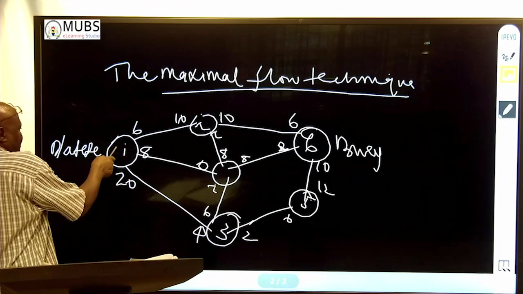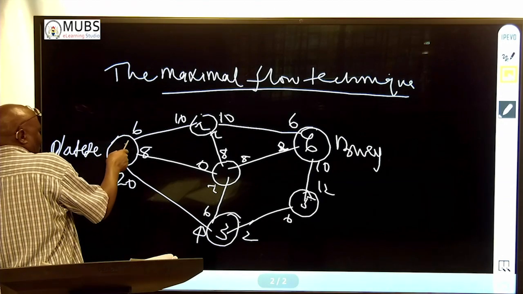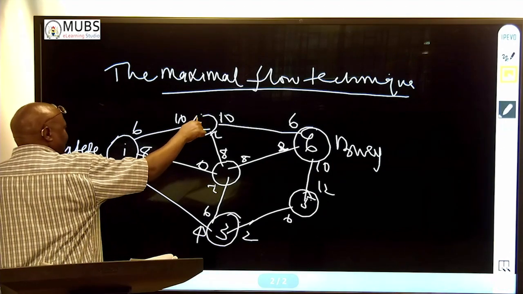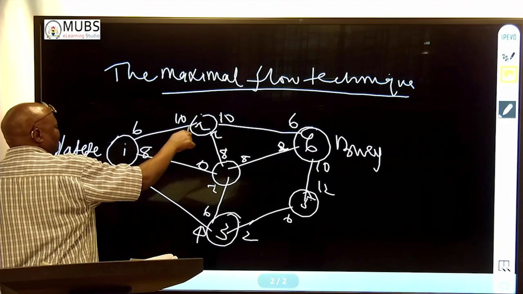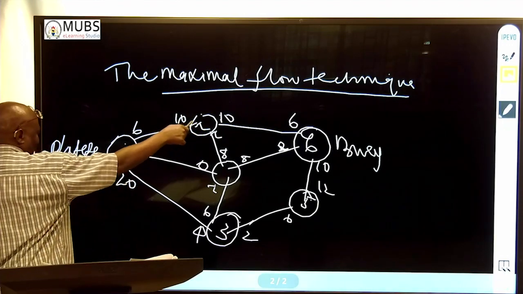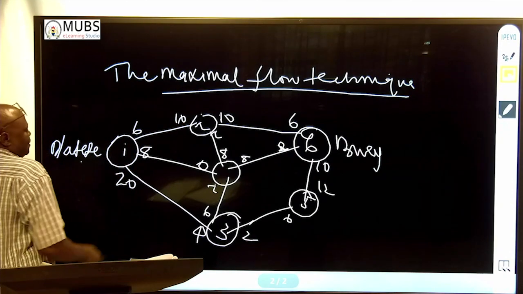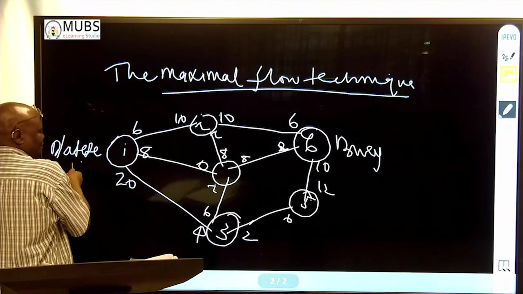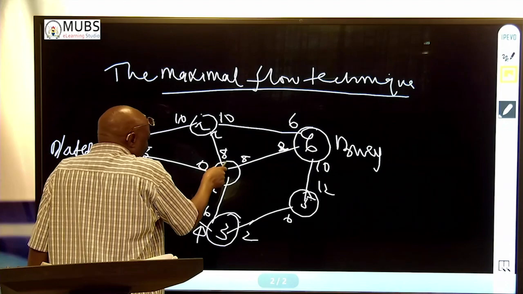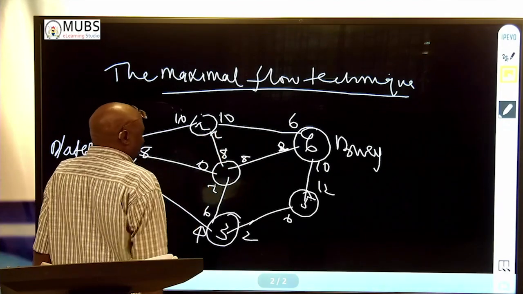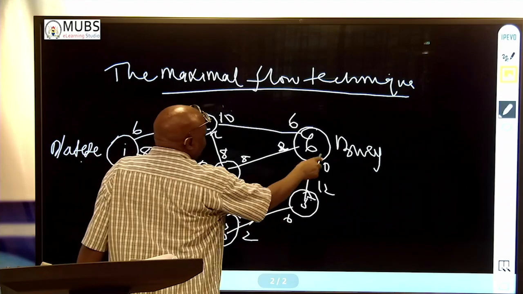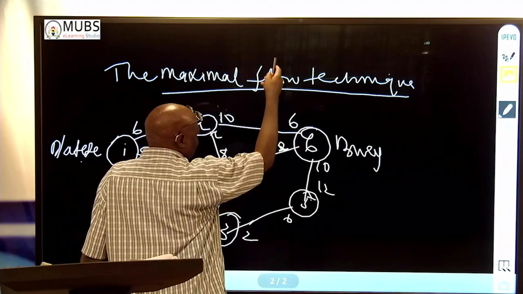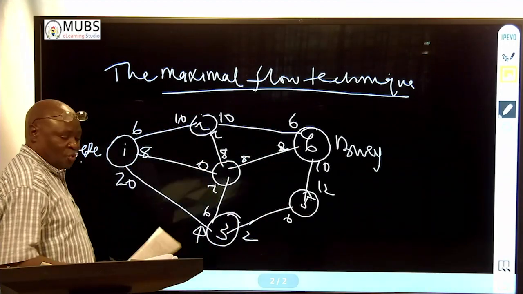In other words, if you have 6 here, it means within 1 hour, 600 cars can move from here to location 2, and 10 means 1,000 cars can move from this location in this direction. Similarly, 8 can move from here to the other side, while no car can move from this side to the other direction. Here it means 8 can move from here up, 2 can move in the opposite direction. In this case, 10 can move from 6 to 5, while 12 can move from 5 to 6. That's the meaning of these numbers.